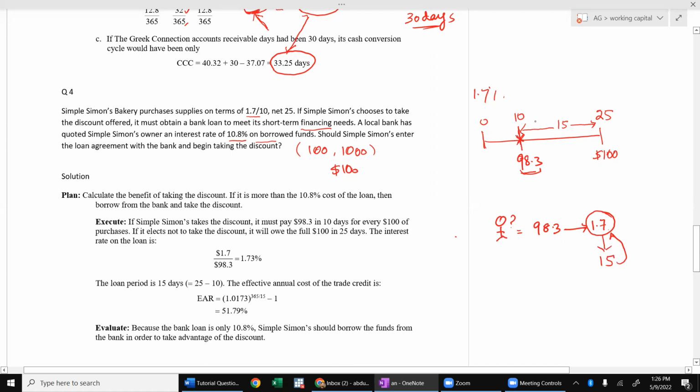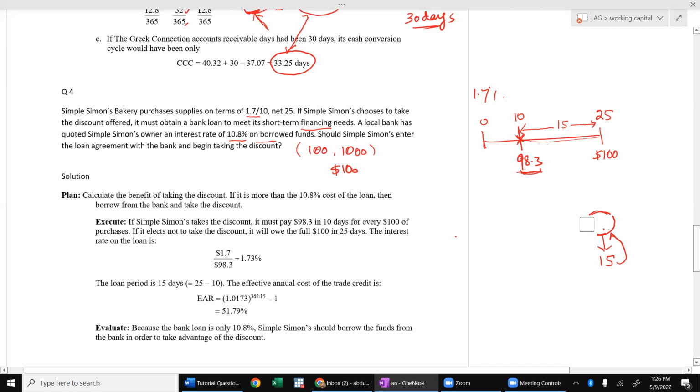Okay, so now you are thinking whether you should wait and use the 98.3 for the remaining 15 days and not take the benefit, or pay 98.3, not use the funds, and take the benefit of the discount. So you need to evaluate this benefit.